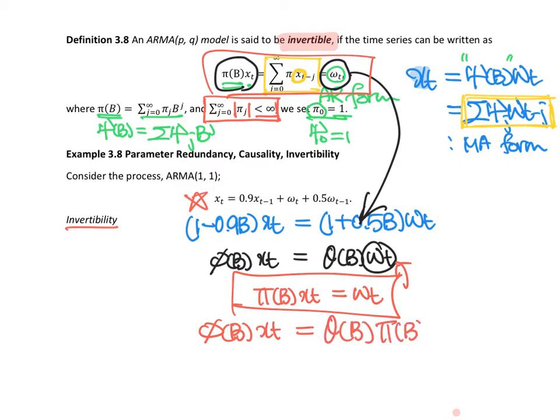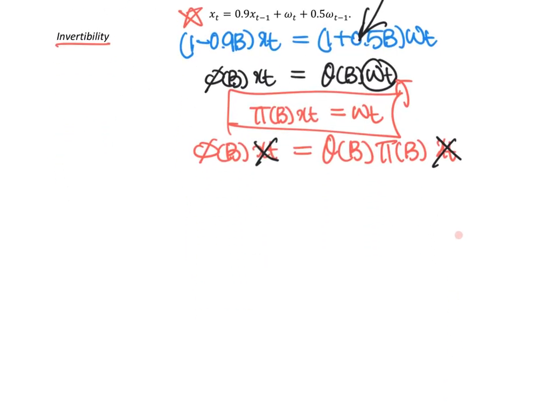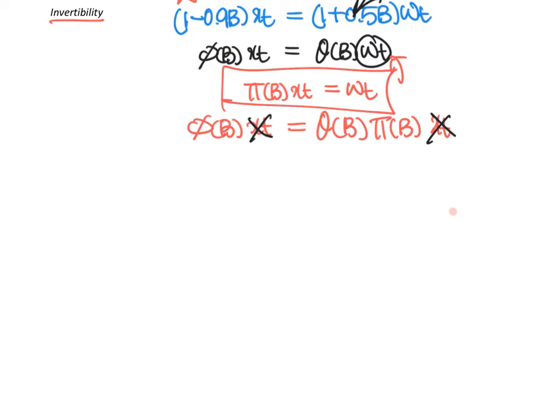So now, as we did before, we cancel out the white noise, right? But now we cancel out the Xt, and let me rewrite. Now it will be 1 minus 0.9B, the same as theta B here.